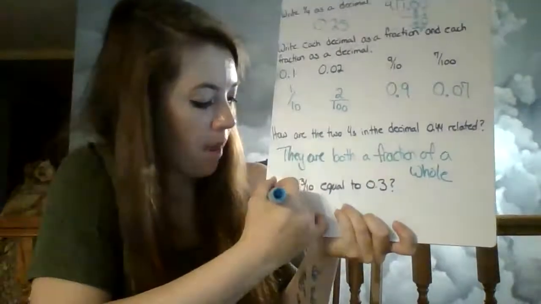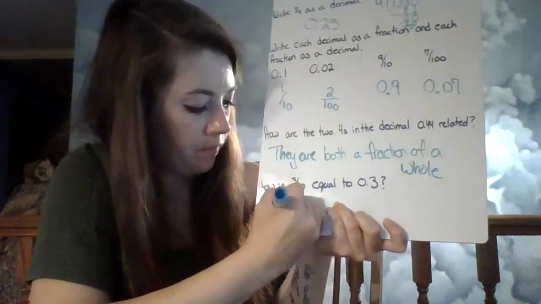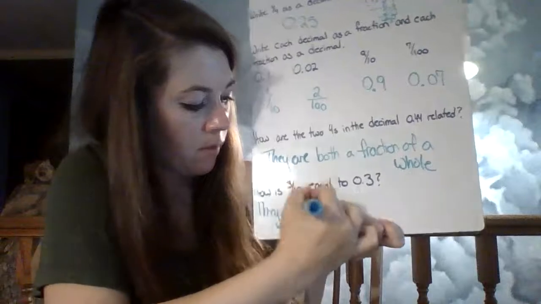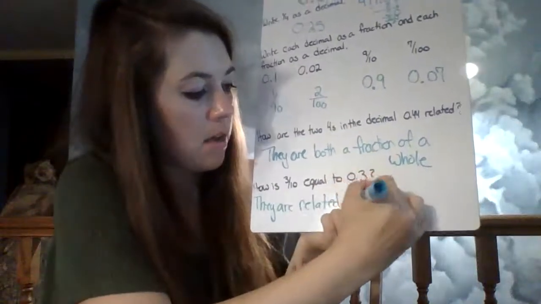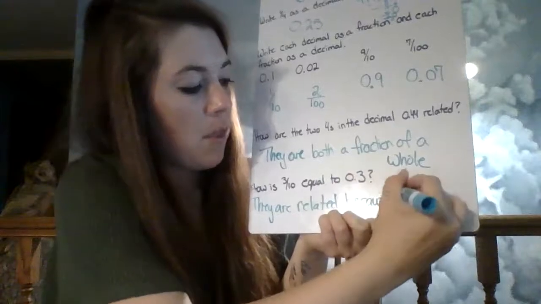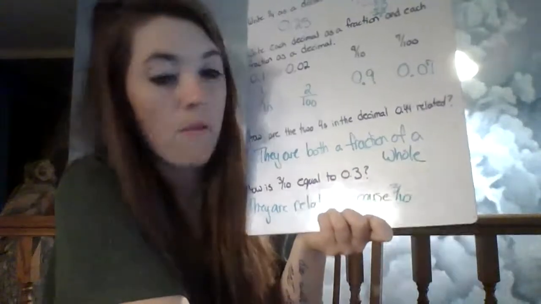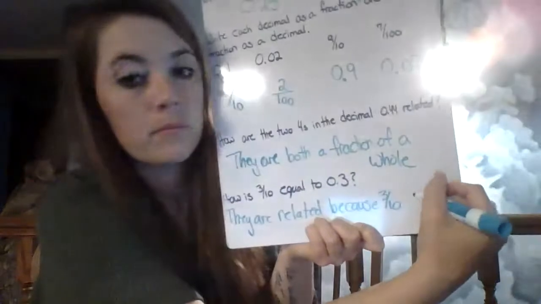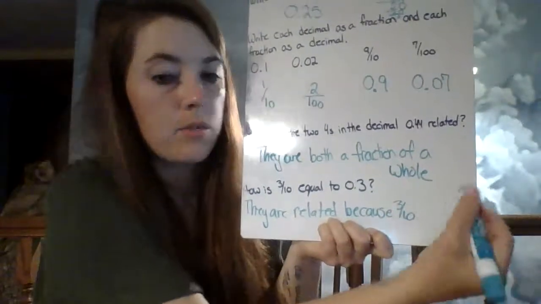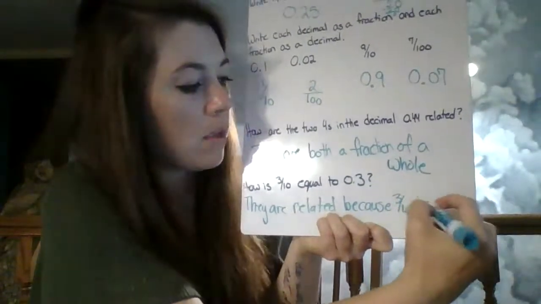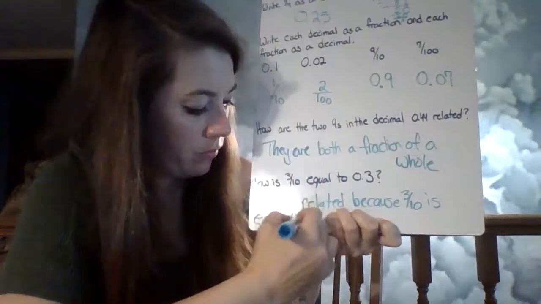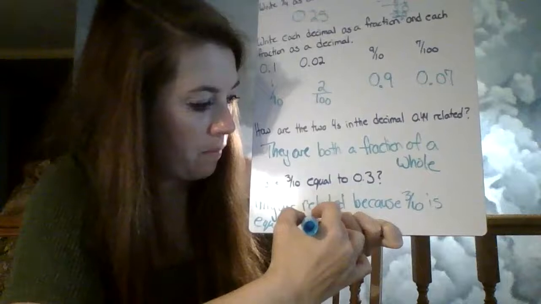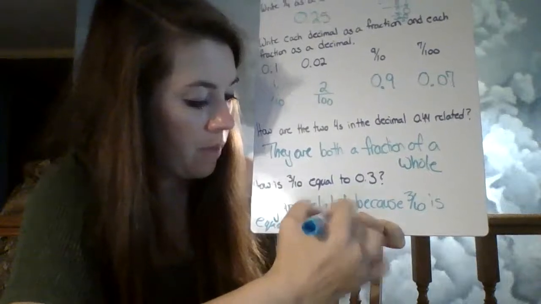So they are related because 3 over 10 is equal to 0.3.